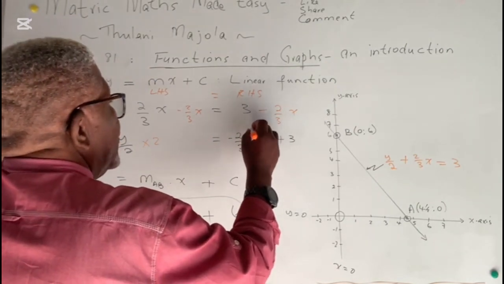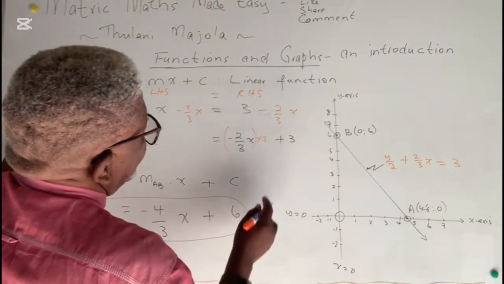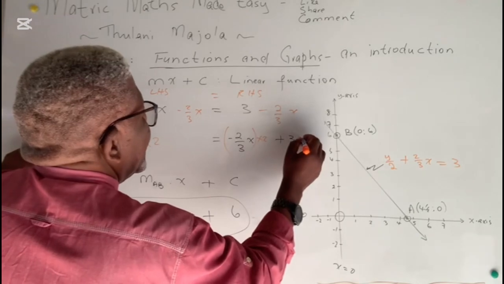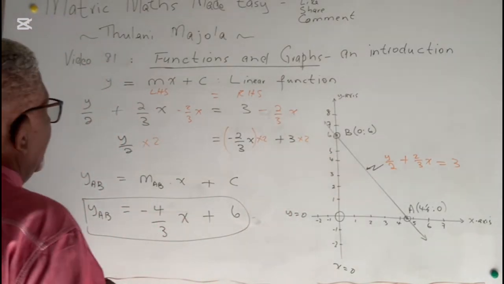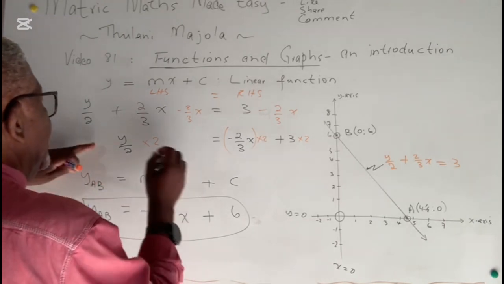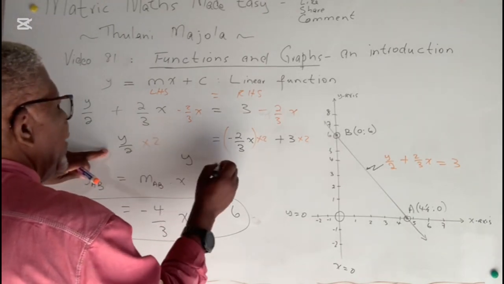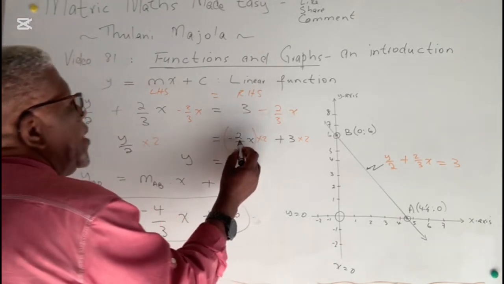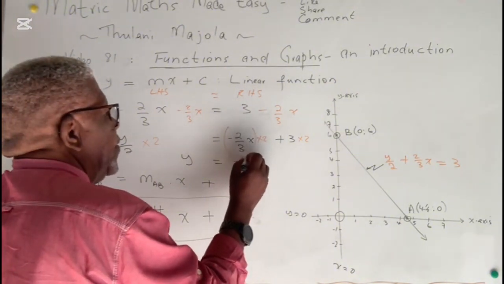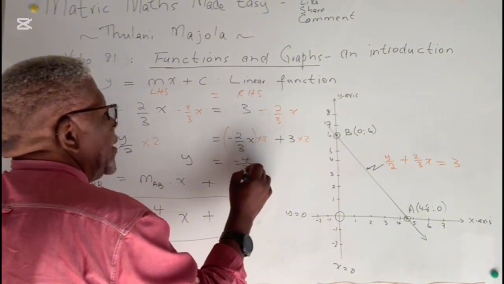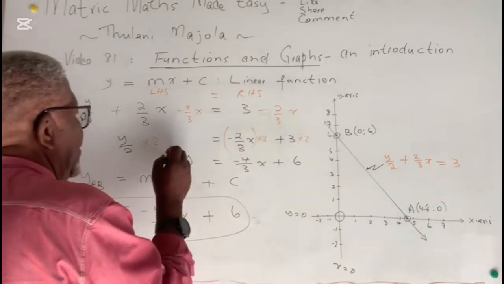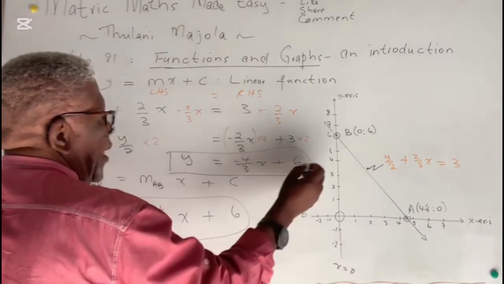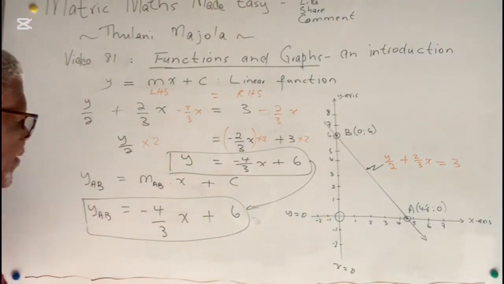Put it in brackets, otherwise you get confused here, and then multiply by 2. What we end up with is the 2's cancelled, and y equals negative 2 times 2, which is negative 4 over 3 x, plus 3 times 2, which is 6, which is the same as that one.